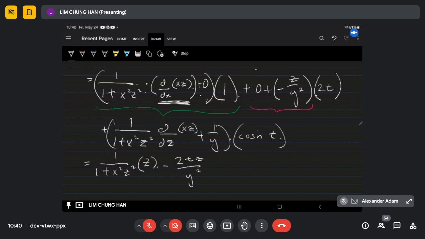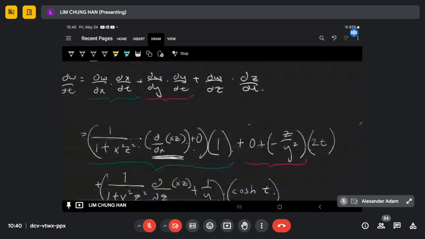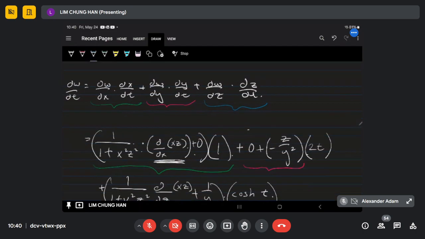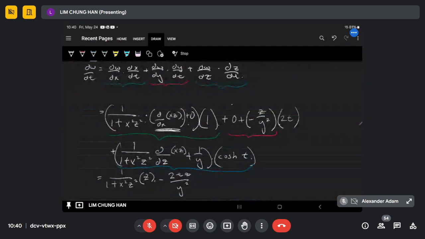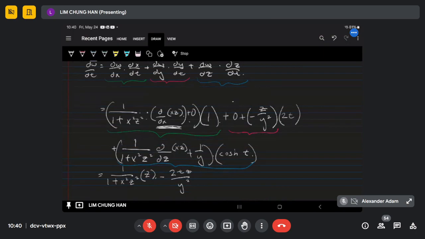Wait, let me color code. I forgot to color code just now. This last term is this one. So this is green.